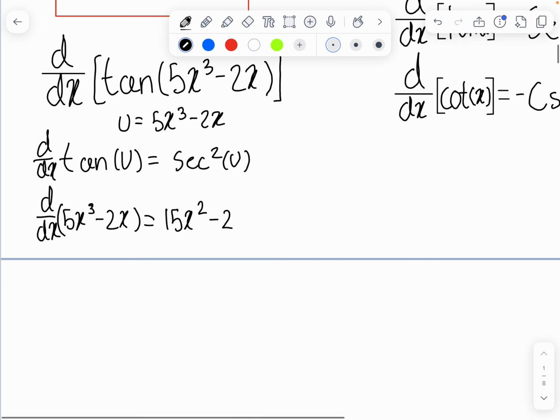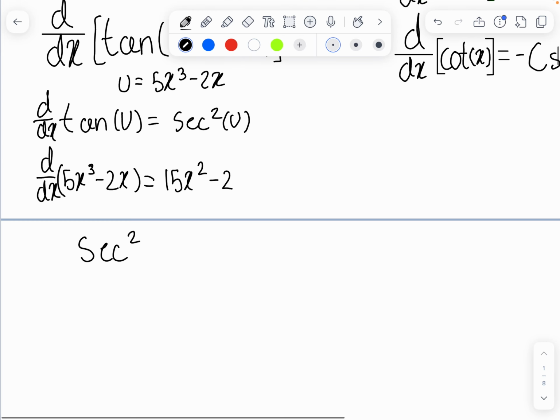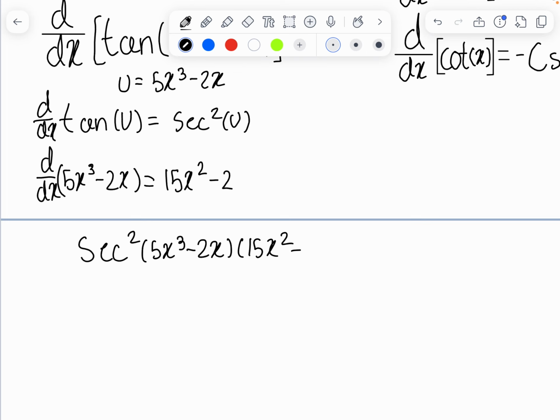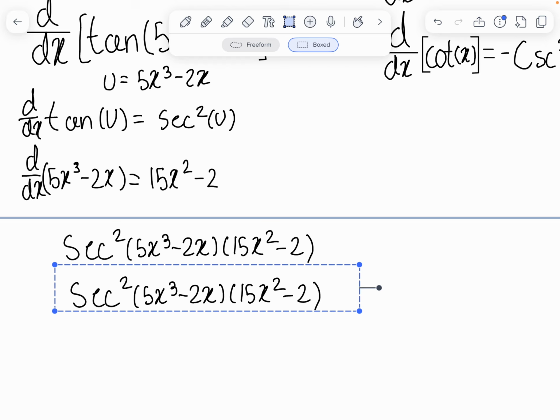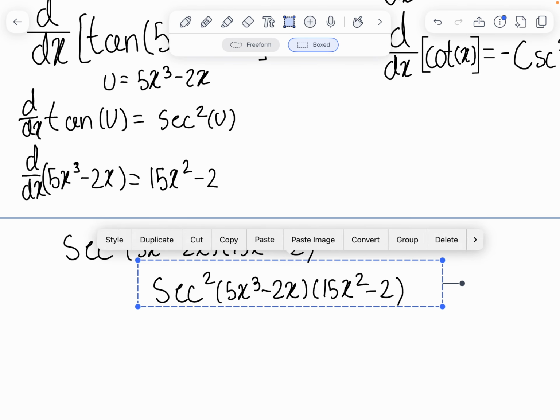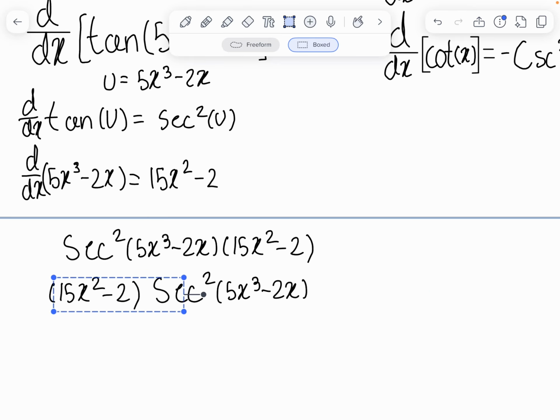So if we combine all of this information, we get secant squared of 5x cubed minus 2x multiplied by 15x squared minus 2. And it's usually expected that the second term comes first before the trig value.